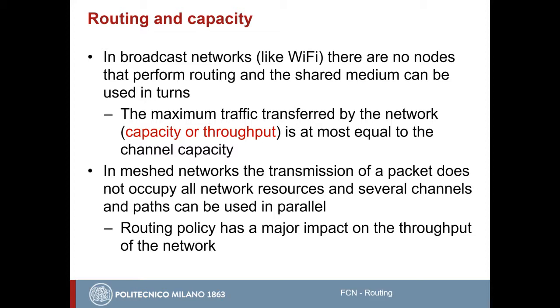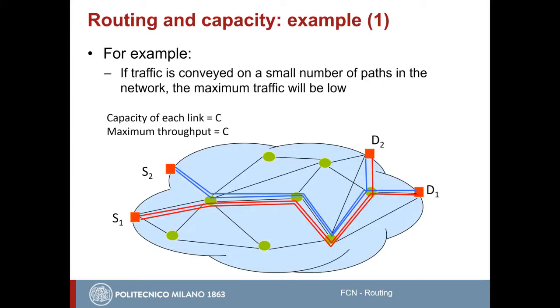They will travel in different spaces, so they will never meet, and therefore you can use the capacity of more than one channel in parallel. So in a mesh network, you are increasing the capability of the network of transferring information, the so-called throughput. But you need a routing policy, because you have to decide between different possibilities.